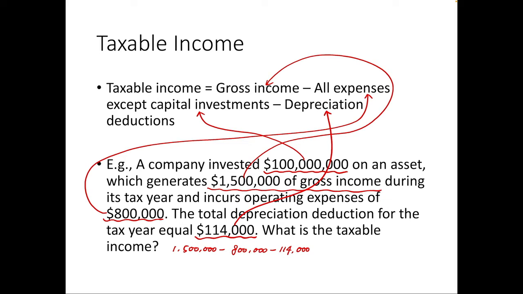Okay, so based on this equation, your taxable income would be the result of this calculation. So let's see, what's that? $1,500,000 minus 800,000 minus 114,000, which is 586,000. So this is your taxable income.